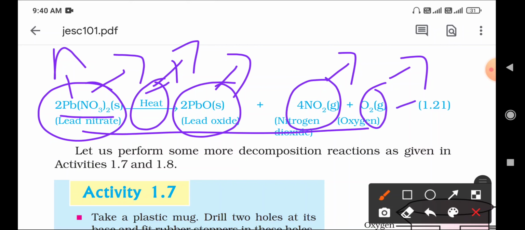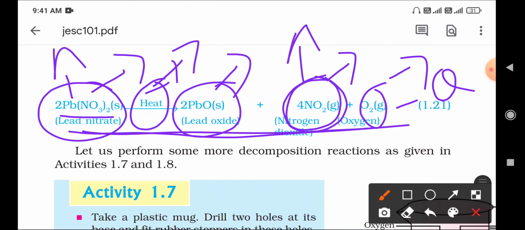This is also a very important reaction. In the exam, a question may be asked like: what happens when lead nitrate is heated, and write down the equation. So when lead nitrate is heated, it gives the brown fumes of nitrogen dioxide. This is the reaction of lead nitrate.